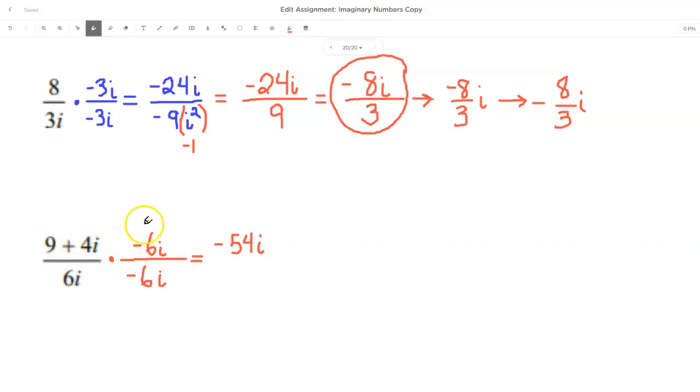And 4i times negative 6i is negative 24i squared. And that is all over 6i times negative 6i, which is negative 36i squared.